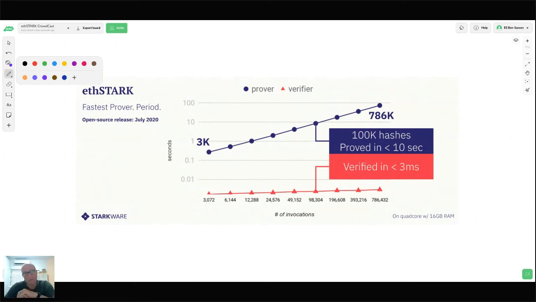It was a 2-year project, and StarkWare committed to finding such a hash function and then writing an efficient prover and verifier for it. And the specs were that it should reach a certain level of speed on a quad core with 16 gigabytes of RAM, which is why we're showing you this graph measured on such a machine. And then we need to release open source code for it.